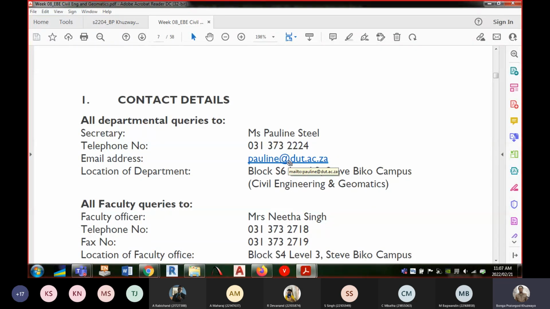Other issues are resolved by the faculty office. The faculty office is at the same level as our department. We are in level 3, S block, block 6, and the faculty, I think it is block S3. So that's where you can get a printout of your academic results, etc.